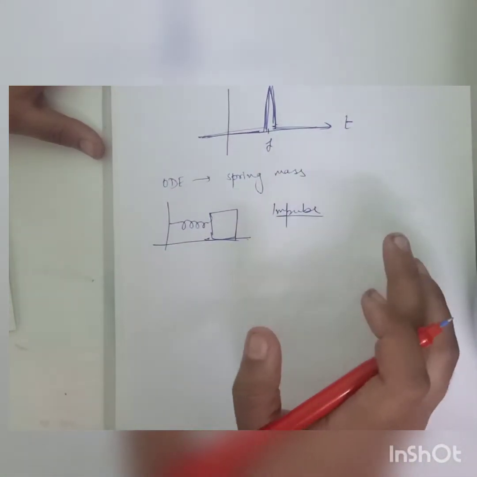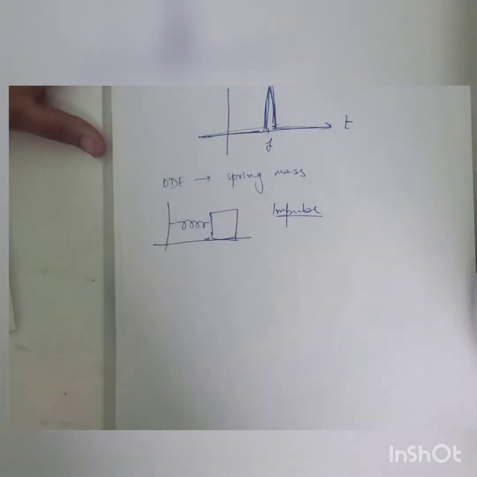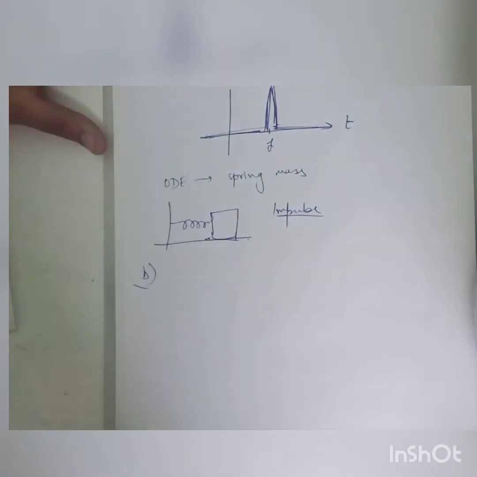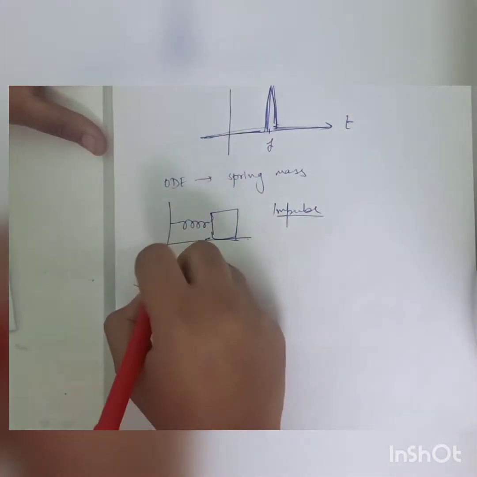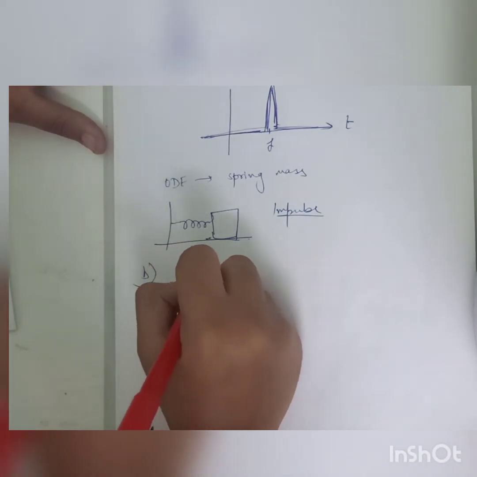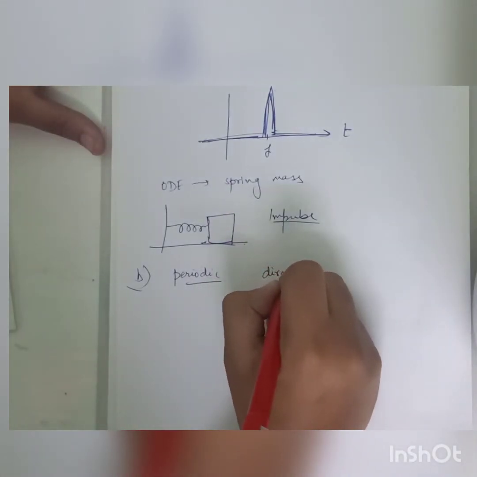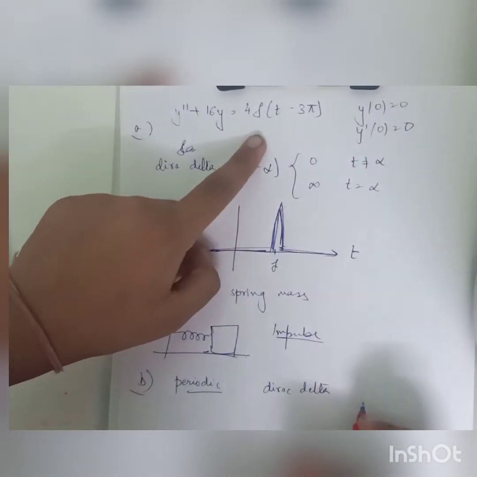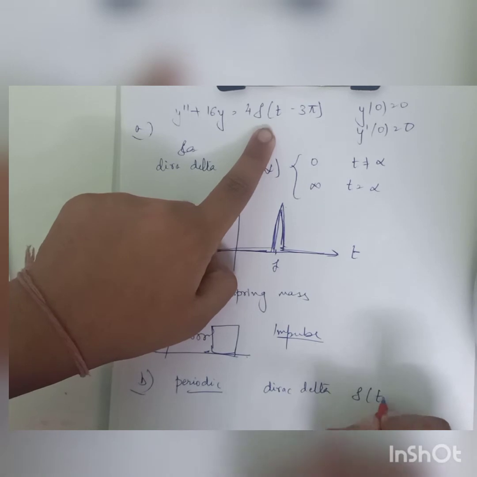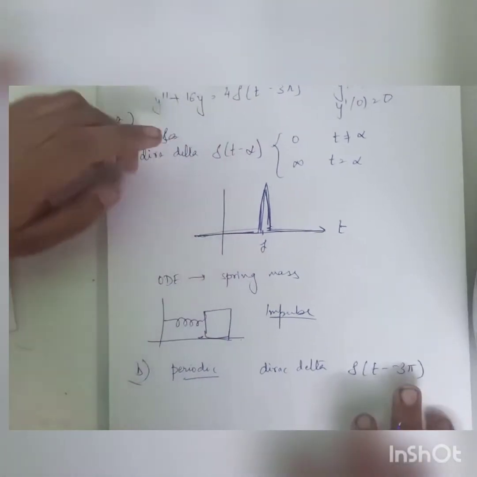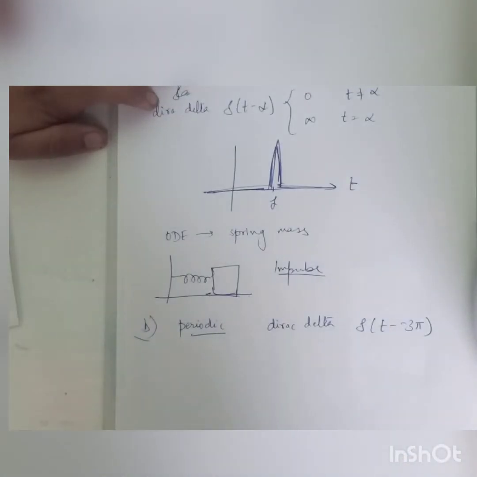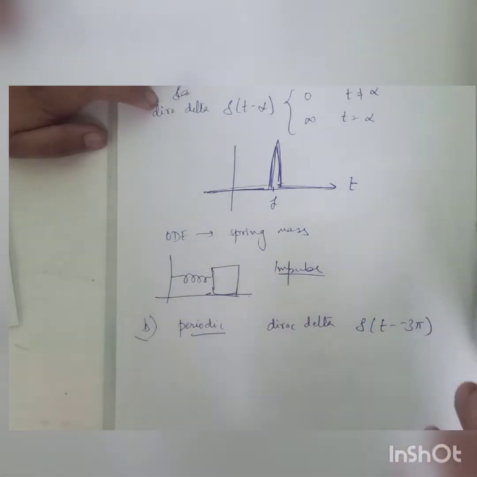Okay, how can we graph it? This is the A part. If we take a mass spring system, the graph will be of periodic motion, right? And for the Dirac delta function, it is given as t minus 3 pi, that is, the value of alpha is 3 pi.